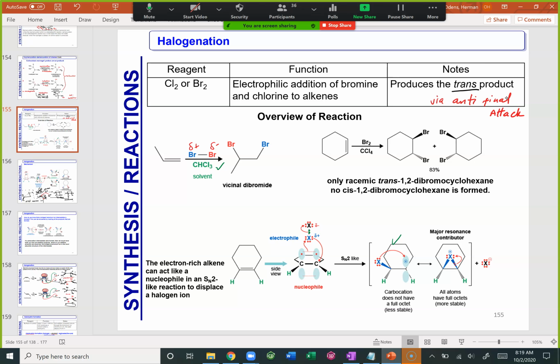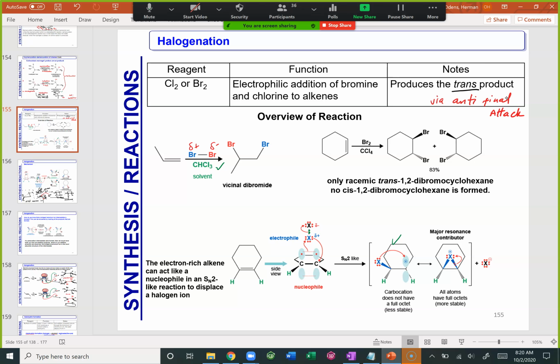In the halohydrin, you have the same components. You have bromine, liquid bromine, or you have chlorine gas in the presence of water, and so the halohydrin now has a solvent that is a nucleophile, and that's the one that reacts.